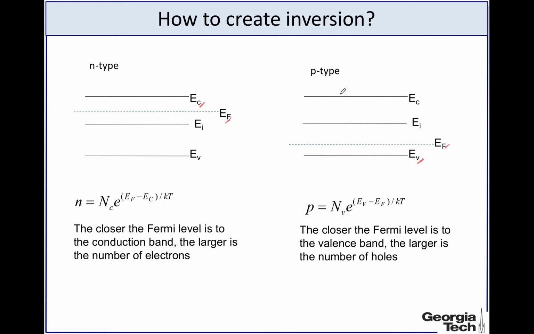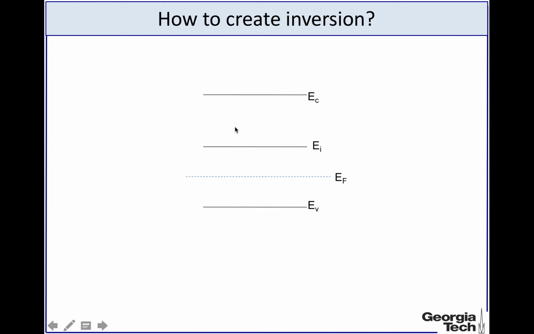Now let's say you start with a p-type material, and at the interface you want to invert it. So you will have to apply a voltage such that these EC and EV levels shift down such that it creates a situation like this. So let's see how it does that.